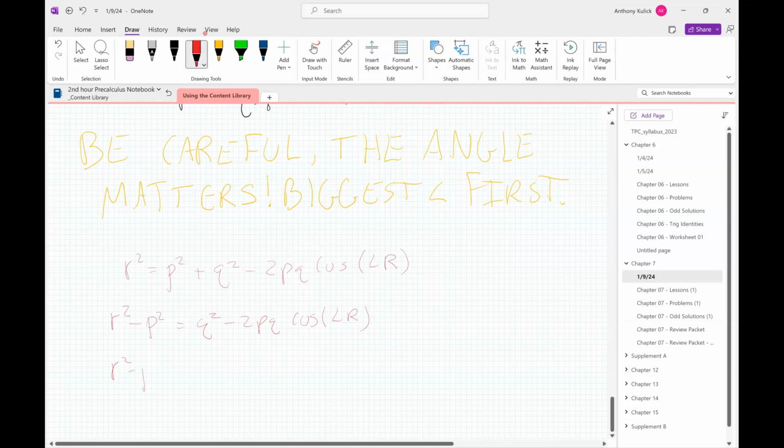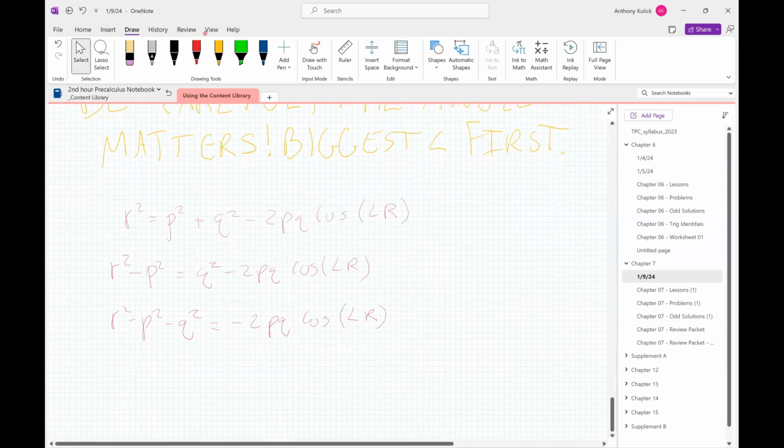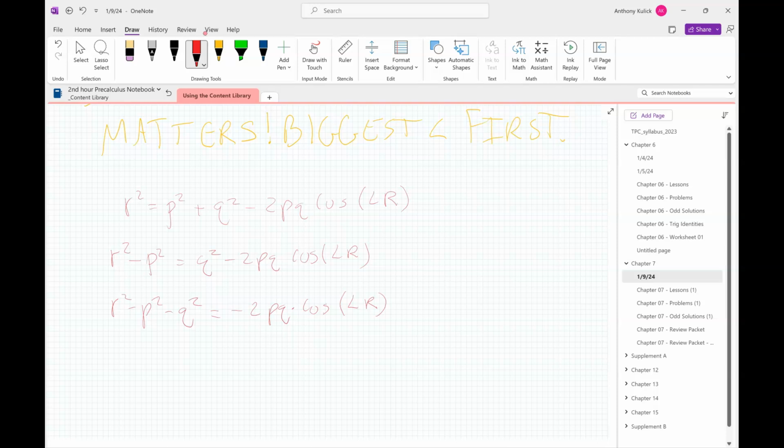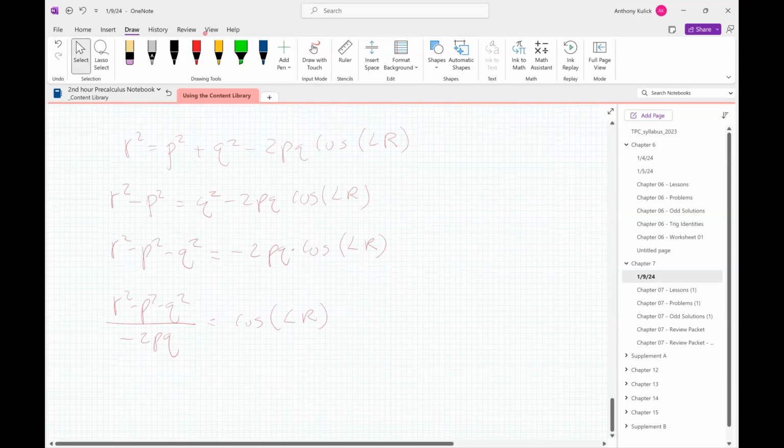And then we'll subtract the Q squared over to the other side. And now we have to divide by negative 2PQ, because all of that stuff is being multiplied to the cosine, right? So to move it over, I have to divide it. And then to get rid of that cosine, we use cosine inverse.